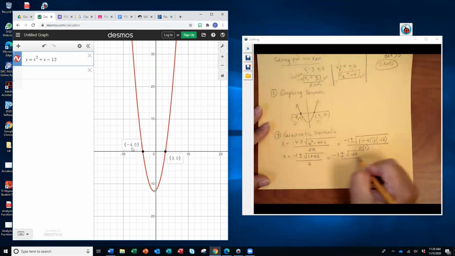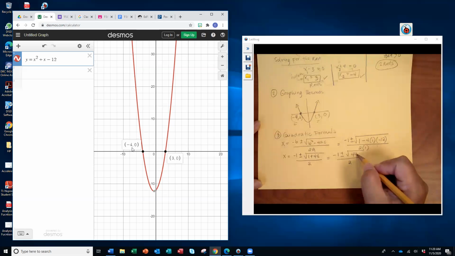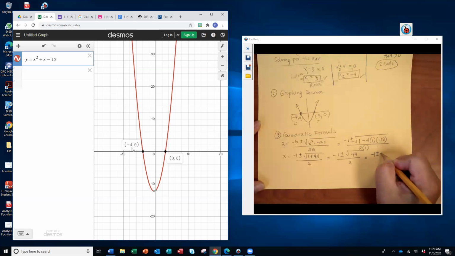Always write the 2, don't forget the 2. What number, when you multiply by itself, gives you 49? That is 7, right? The root of 49 is 7. So it will be negative 1 plus or minus 7 over 2. Now, if you notice, the radical sign is no longer there. We extracted the root of 49, which is 7.